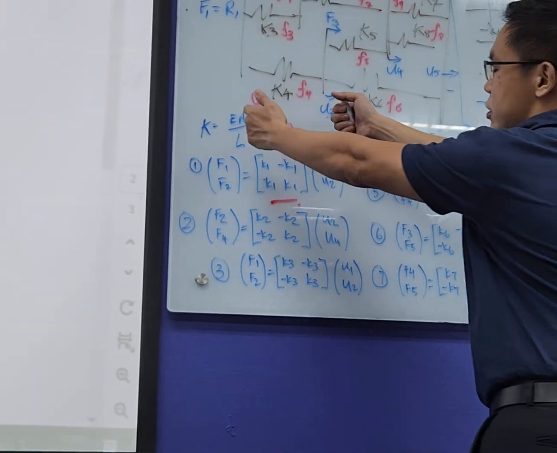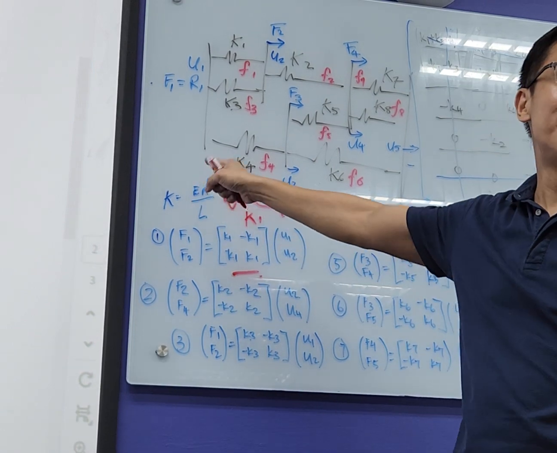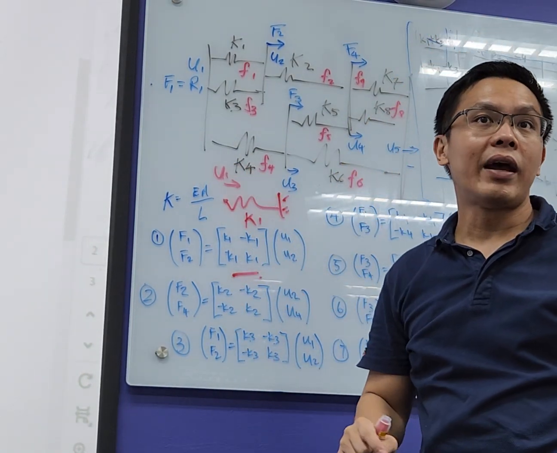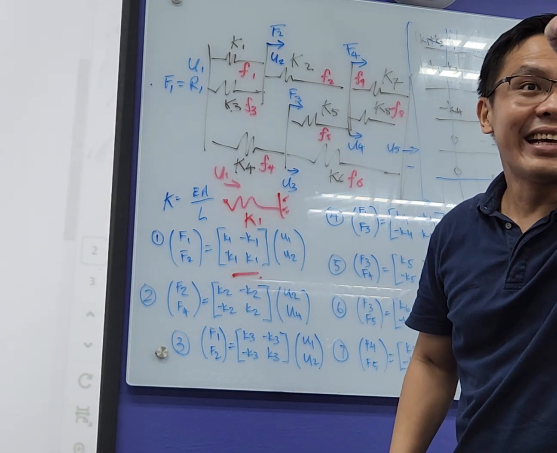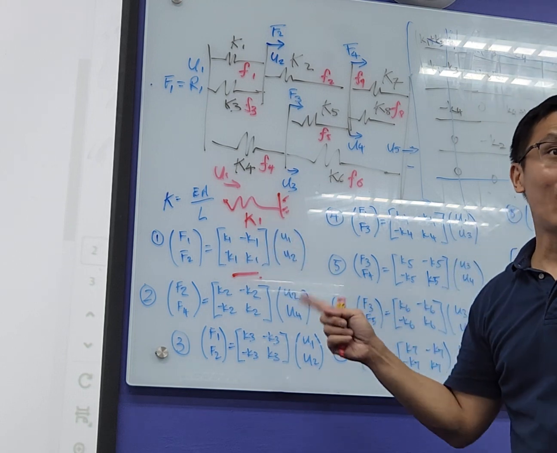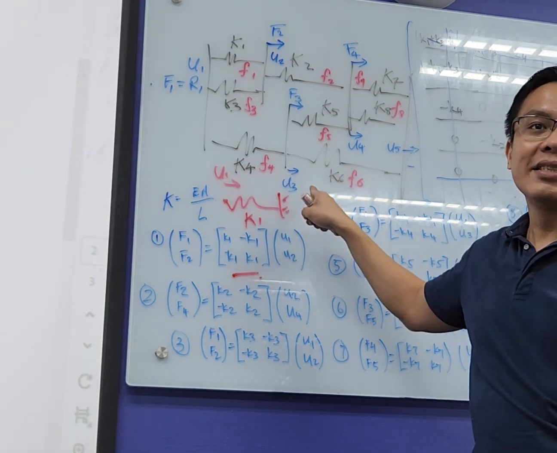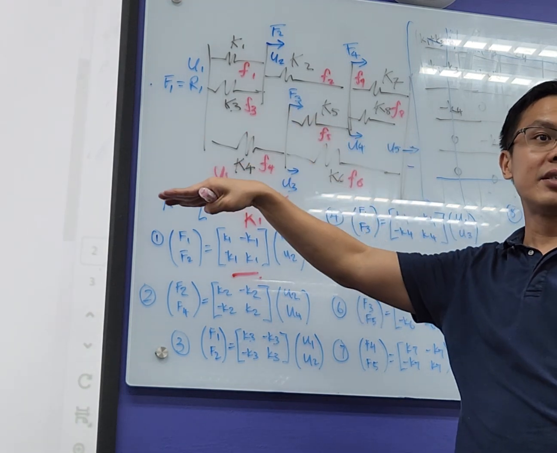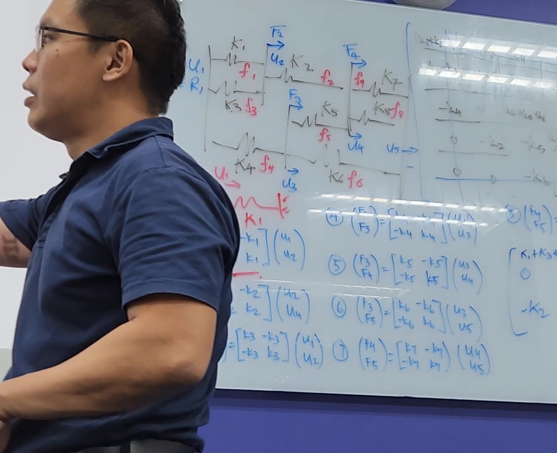Let's say you have a spring here, I fix this and I push it, for you to have a displacement of U1, what is the force I need to apply? U1 times K1. Correct? What is the reaction force? Negative U1 times K1. Exactly. In order for me to have this force, there must be an opposite and equal force. Agree? So for sure, there will be a force there.